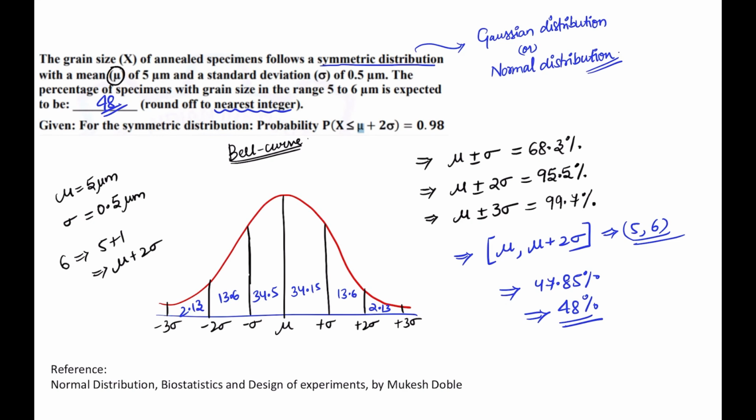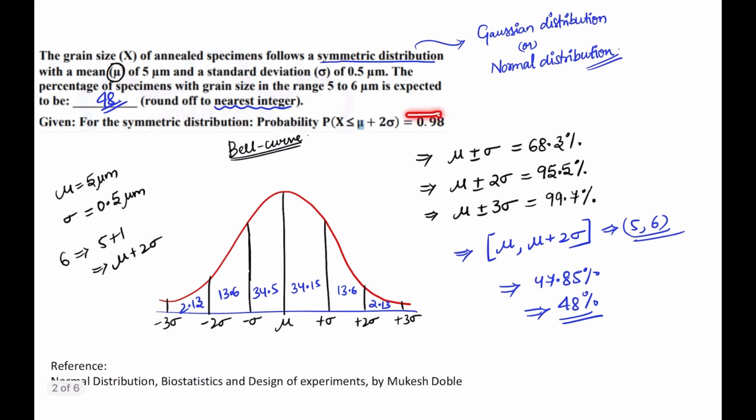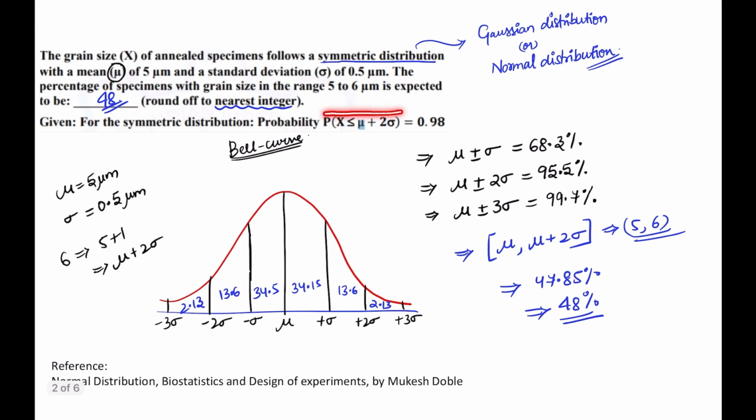Now this is if you know the curve and the values thoroughly, but there is one more piece of additional information here which confirms that 48 is the right answer. They are telling us that the probability of x less than mu plus 2 sigma is 98 percent.